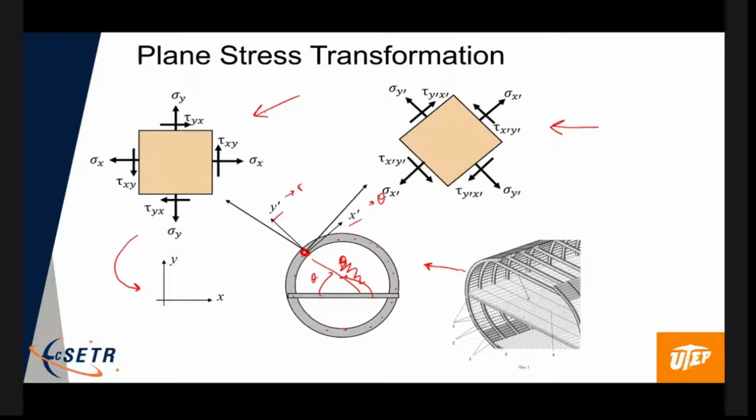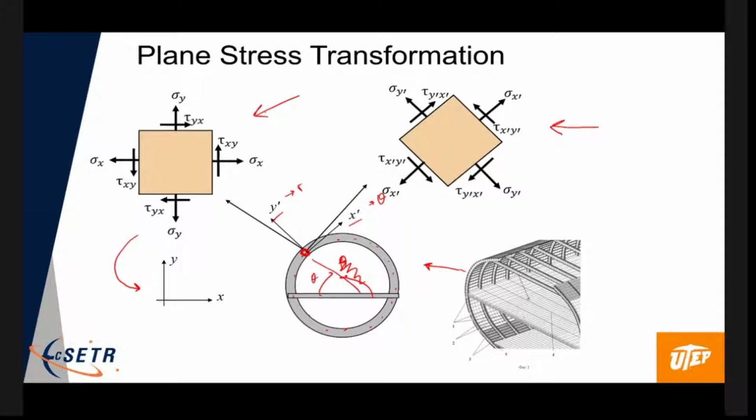Will they fail at different loadings? Of course not. The material is still seeing the same amount of strain energy in there. They'll fail at the same point, but the numerical values we call sigma x, sigma y, or tau xy are actually different. But clearly they have to be related.